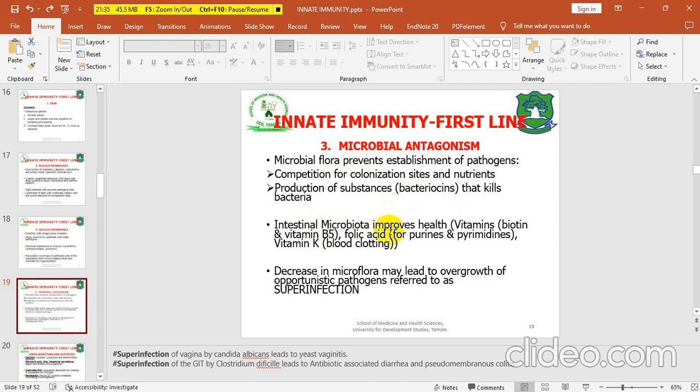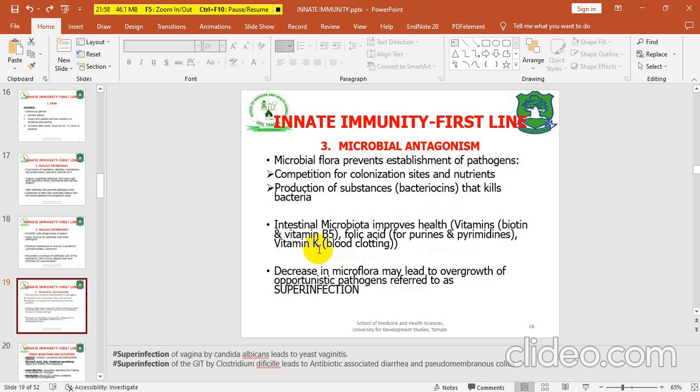Examples are intestinal microbiota. This microbiota or normal microflora are located in the intestines. Improves health. The normal microbial flora produces biotin, which is a coenzyme, vitamin B5, they are all coenzymes, folic acid, purines and pyrimidines, that's nitrogenous bases.